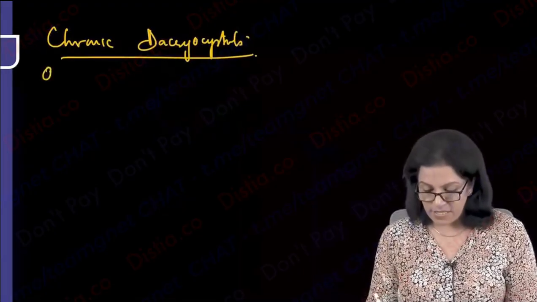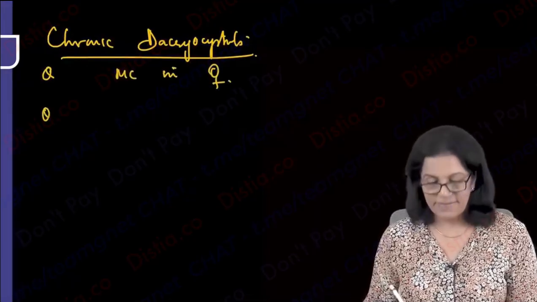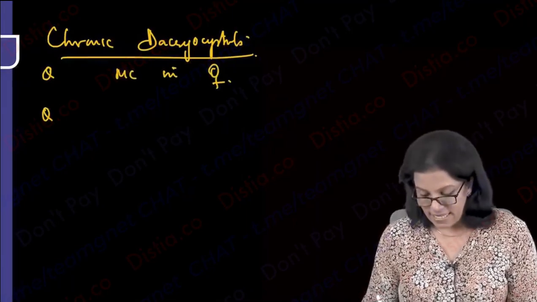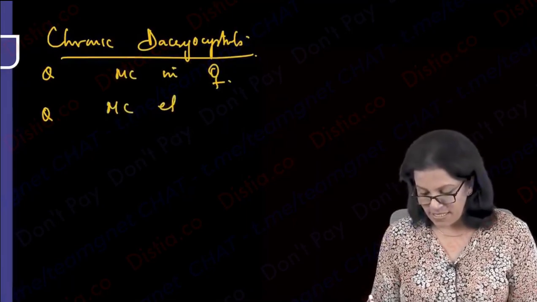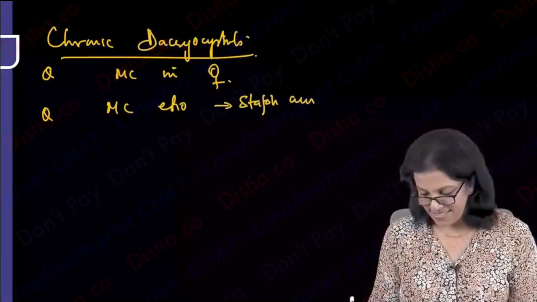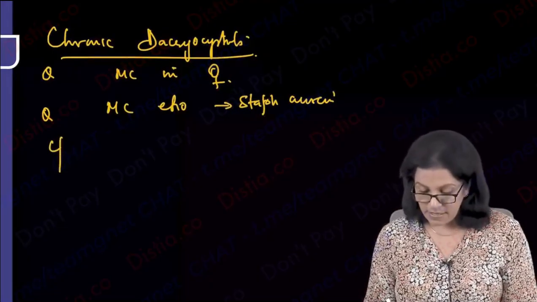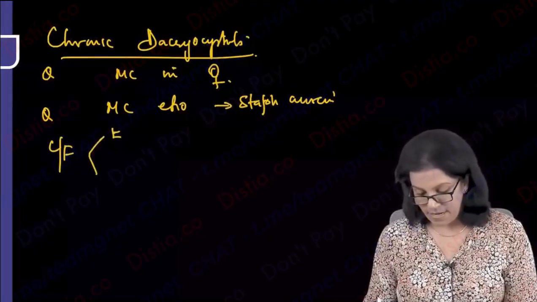So chronic, first, it is more common in females. Another thing is the most common etiological agent is the same that you just learned, Staph aureus. How will this patient present? Again, very easy: epiphora and discharge.